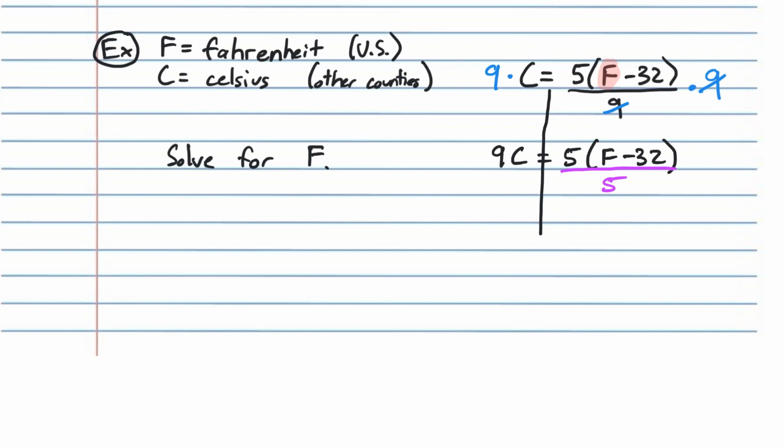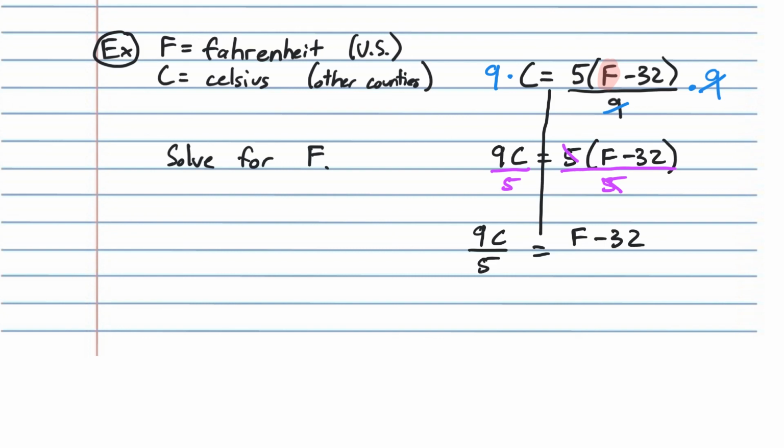Because again, that 5 on the outside means it's being multiplied. So the opposite of that would be dividing. Okay, both sides. So the 5s are canceling out. So now we have this. 9c over 5 equals f minus 32.